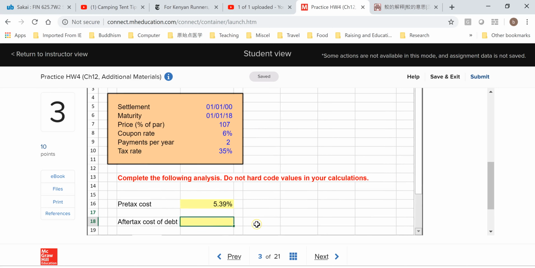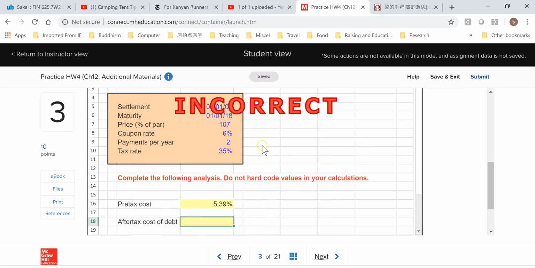And after-tax cost of debt is simply the pre-tax cost of debt times 1 minus the tax rate. Tax rate is here. So far I have followed the requirement of this question to only input the formula rather than, for example, if I input this as 35% here, then I won't get the correct answer.